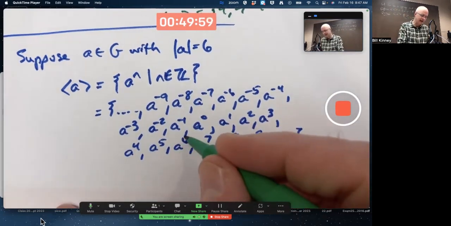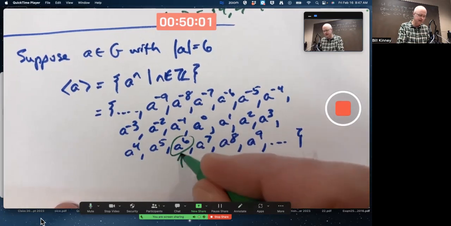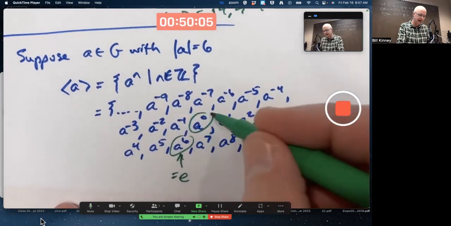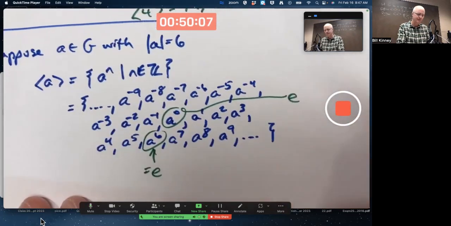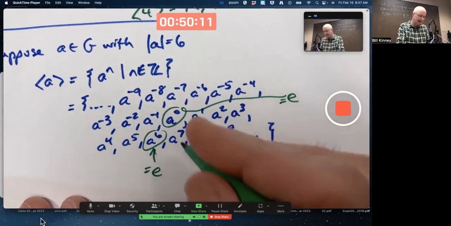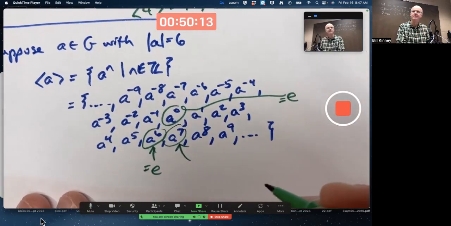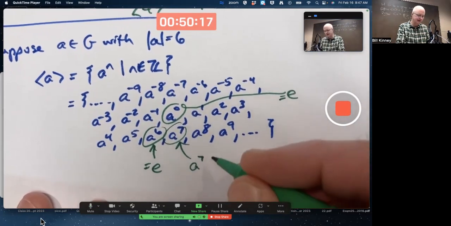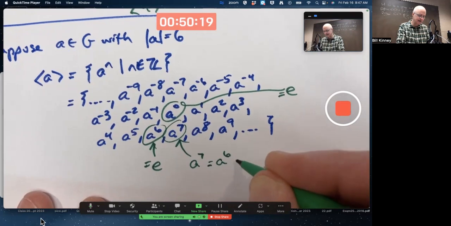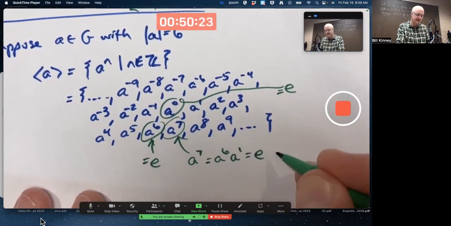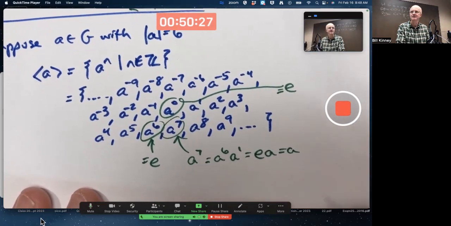For example, the fact that A has order 6 means A to the 6th equals E. Of course, by definition, A to the 0 is also equal to E. What about A to the 7th power? By a property of exponents, that's the same as A to the 6th times A to the 1st. But A to the 6th is E, and A to the first is A. This equals A.